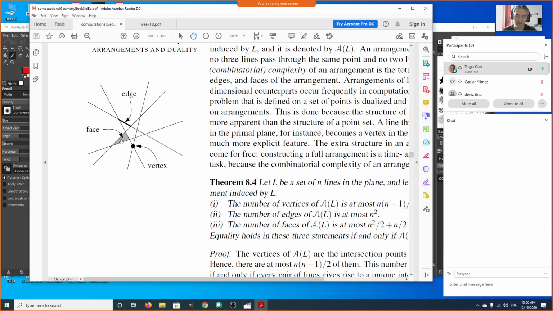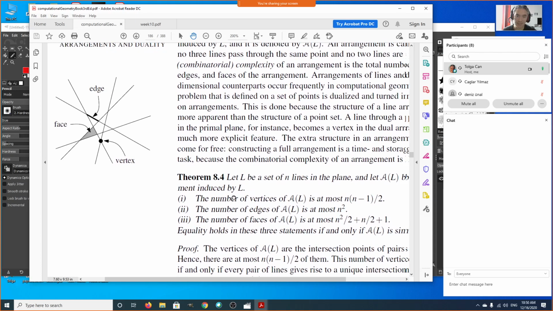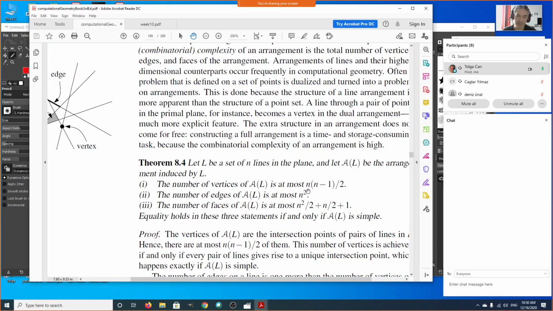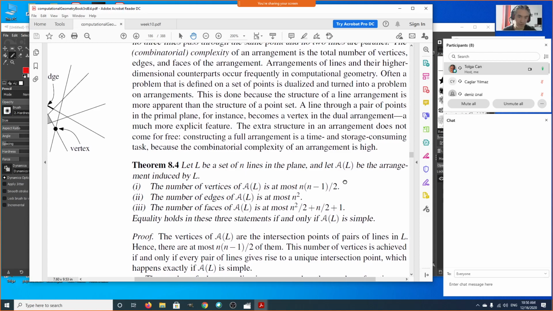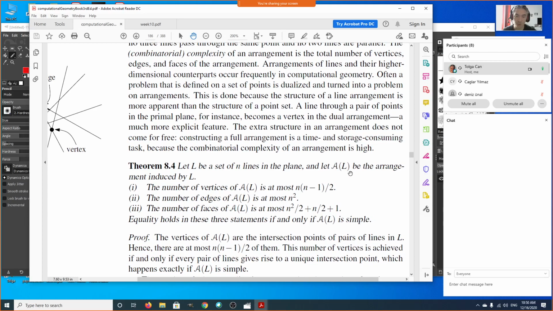Just like a regular subdivision, we have faces, vertices, edges, and its complexity is quadratic with respect to the number of lines that induce this subdivision. If we have n lines, an arrangement of n lines in the plane, the number of vertices is at most n choose 2. So, as you can see, this is n choose 2.